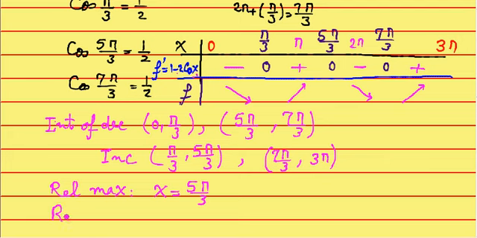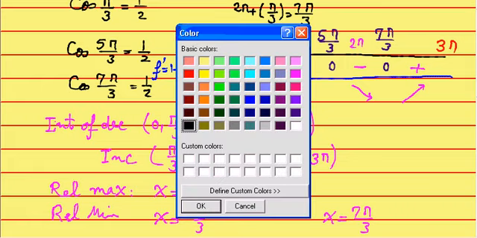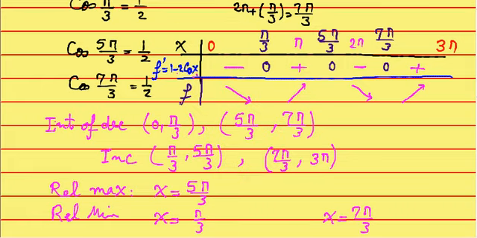Relative min happens at x equal to pi third, and x is equal to 7 pi third. So what does that mean? Here we have relative min, here we have relative max, right at this point. Again we have a relative min.